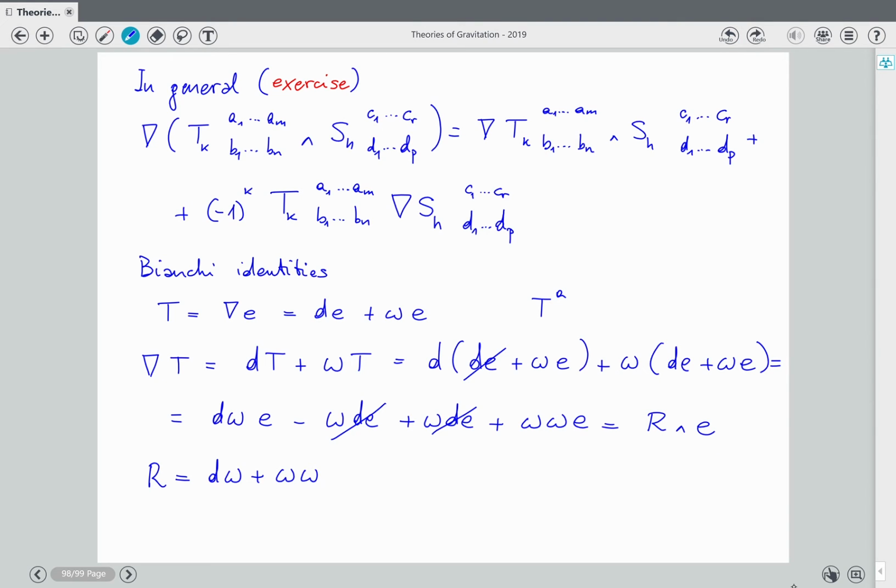So T equals 0 means that the Bianchi identity is this. Let's write it explicitly.